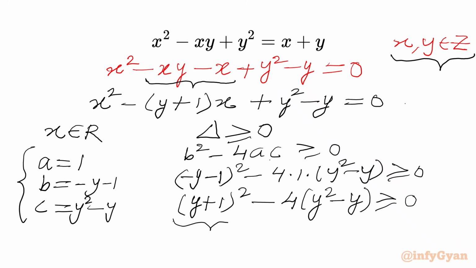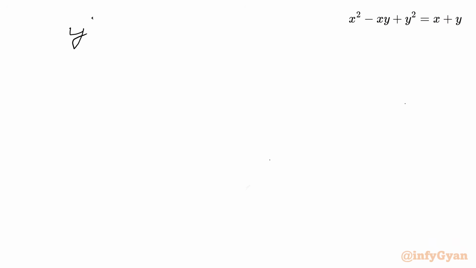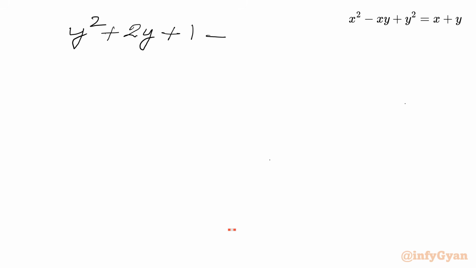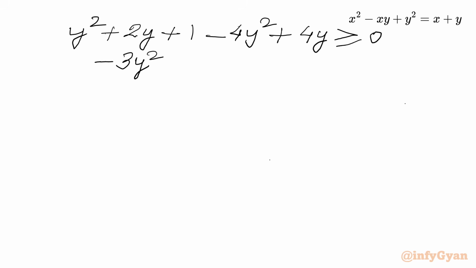Now we will expand y plus 1 whole square. So we can write y square plus 2y plus 1, then minus 4y square, and minus 4 times minus y, we will write plus 4y. This should be greater than or equal to 0. Or we can simplify and write minus 3y square plus 6y plus 1 greater than or equal to 0.